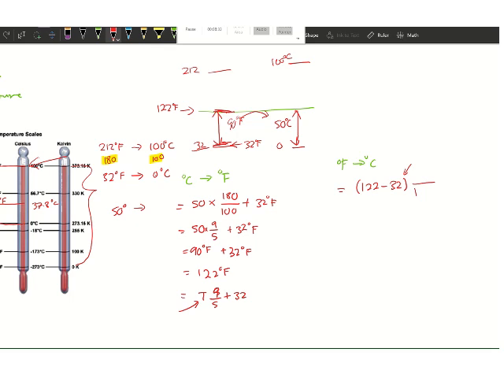So we should have 180, because that's the total gap of the Fahrenheit scale, and the total gap of the Celsius scale between the same two levels is 100. The Fahrenheit cancels, and the top one will be 100. Let's solve this first: 90 multiplied by 5 over 9 gives us 15 degrees Celsius again.